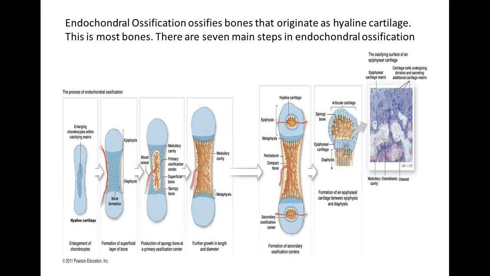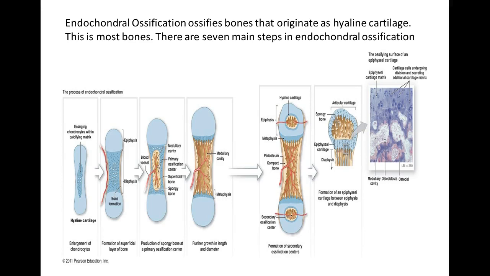Then what happens is on the outer portion of this hyaline cartilage, you have blood flow. You have a vessel come to it. And when that vessel comes through, now you have oxygen coming, you have nutrients coming, so the whole process speeds up quite a bit after that step takes place.